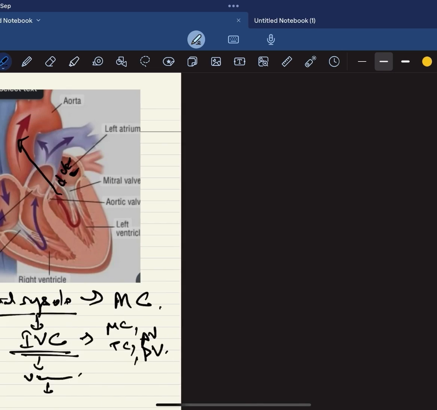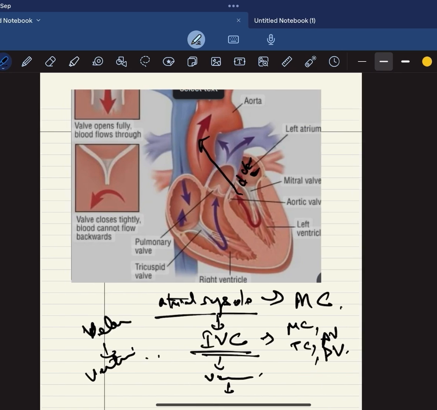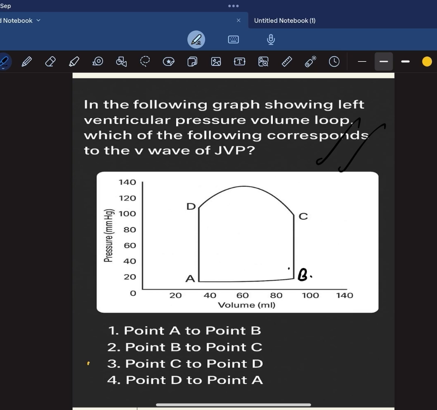If we see the PV loop, this portion of the loop is the systolic phase. From B to C to D is the systolic phase, and from D to A to B is the diastolic phase. Here on the x-axis you can see the volume.